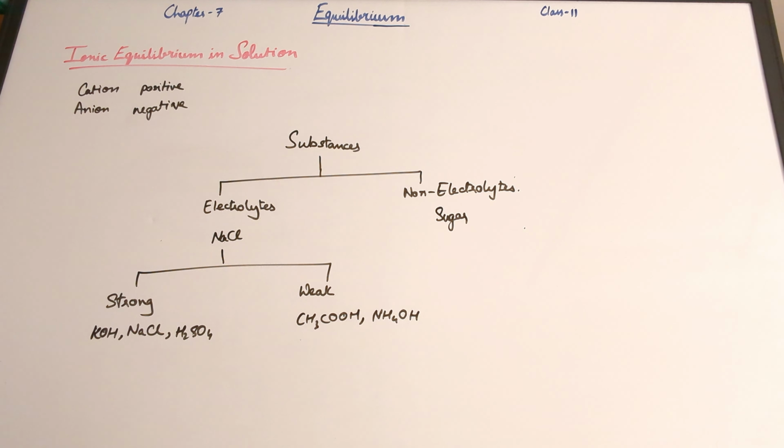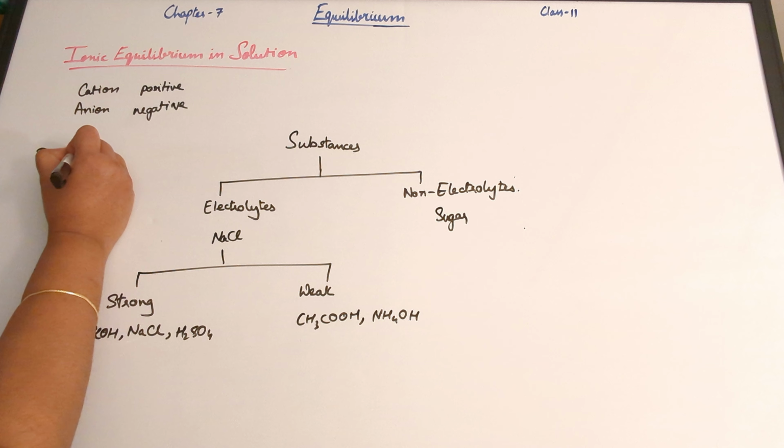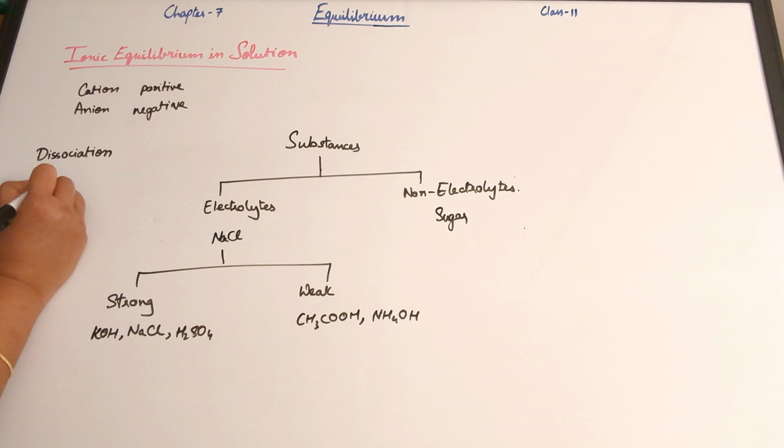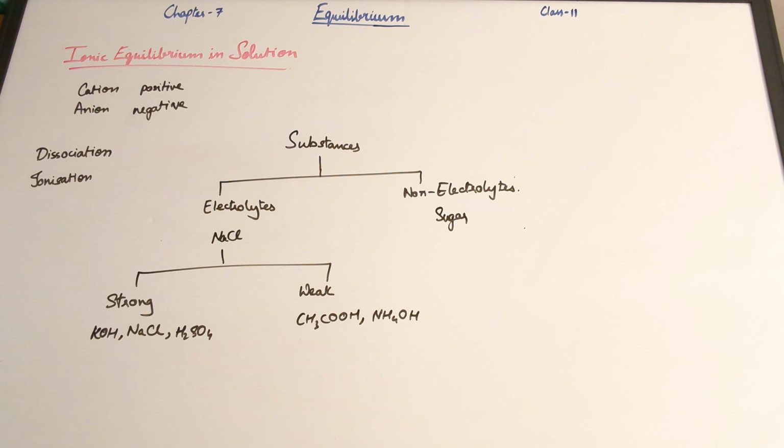So if you notice, I've used two words. I think I've used more of the word ionization, but there are two words that you need to know about. One is called dissociation. The second is ionization. Honestly, both these words are going to be used interchangeably. There is a very slight difference between the two.